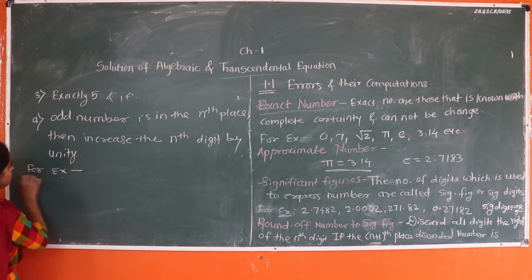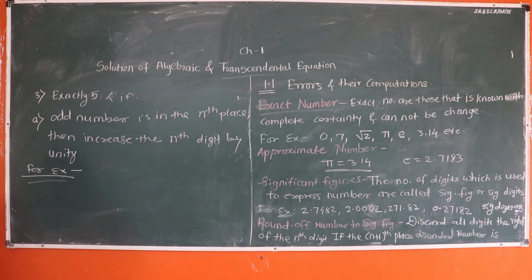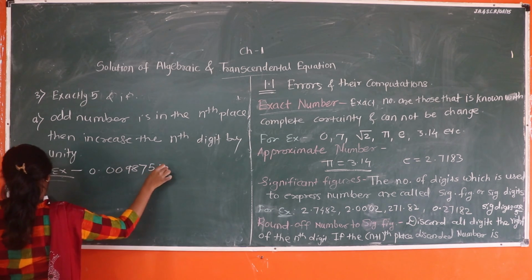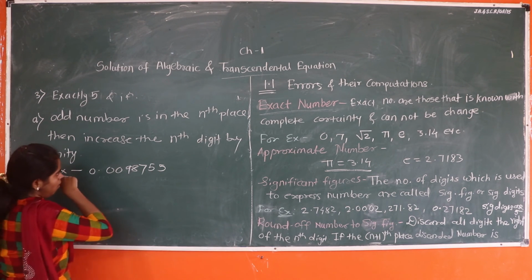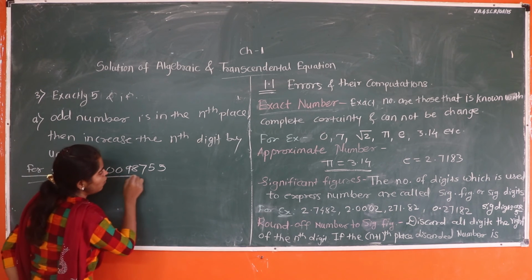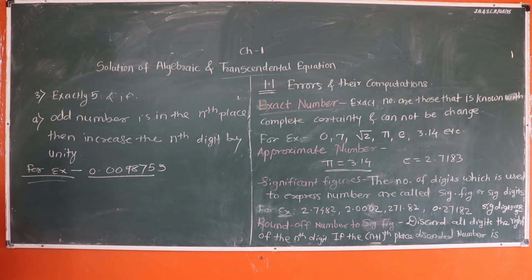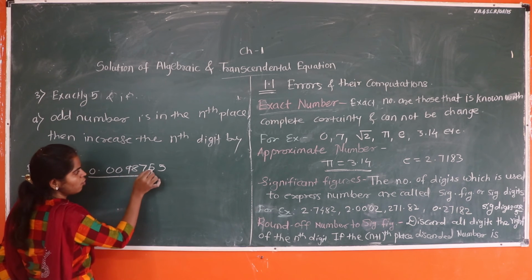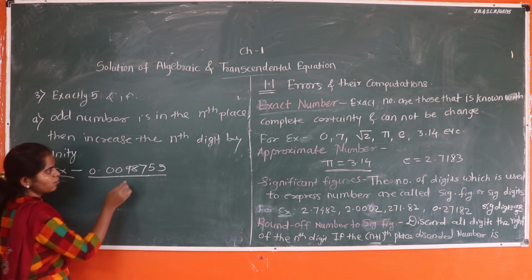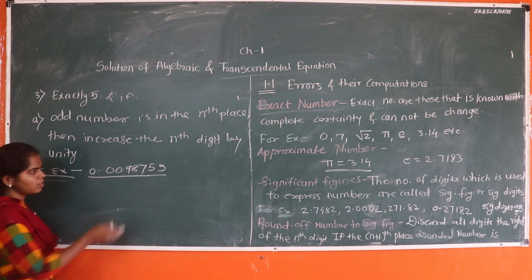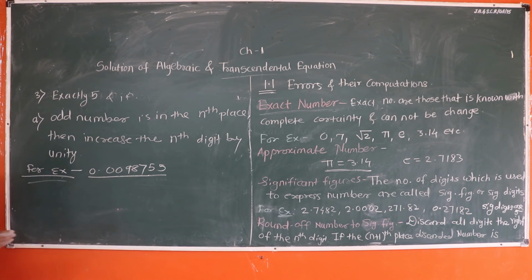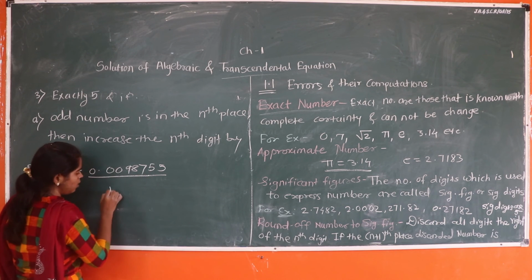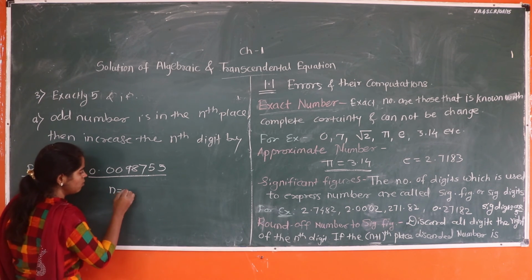For example, 0.0098775, rounded to 4 significant figures. The total number of significant figures here is 5: 1, 2, 3, 4, 5. So we round this number to 4 significant figures, where n is equal to 4.